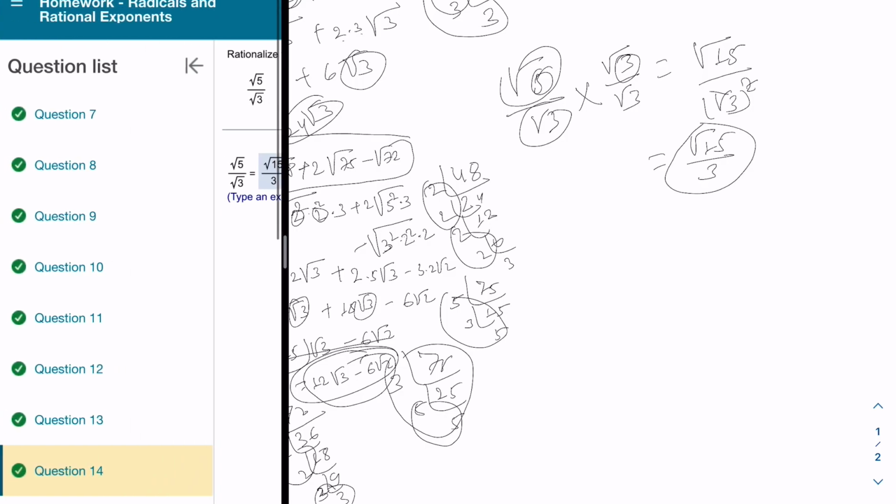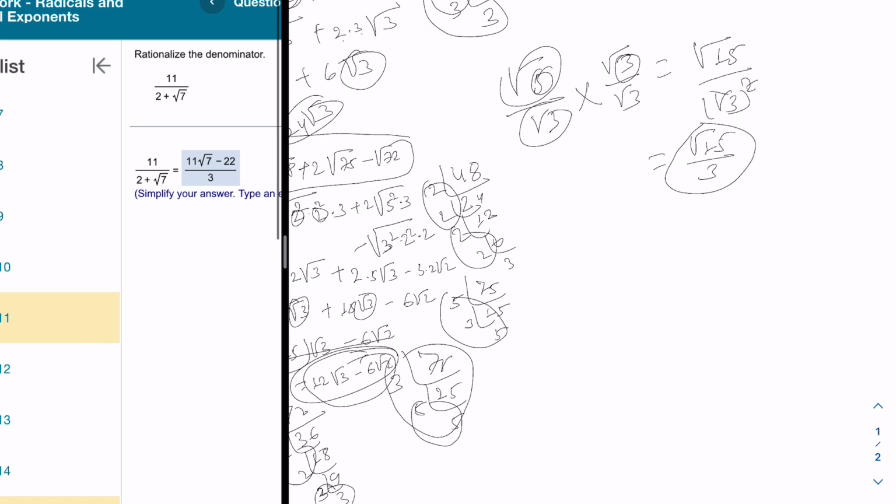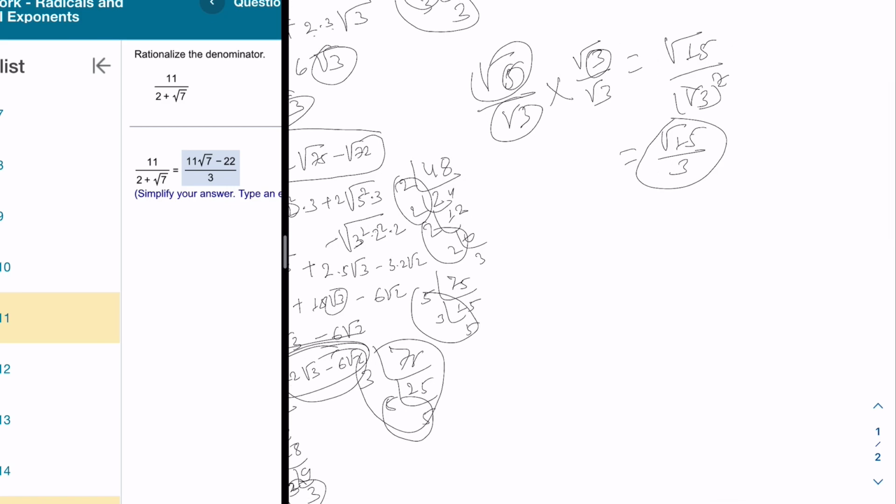Got it? Now let's go to question number 15. What's question number 15? Okay, rationalize the denominator, the same thing. We might think, oh man, that might be hard, but actually it is not.